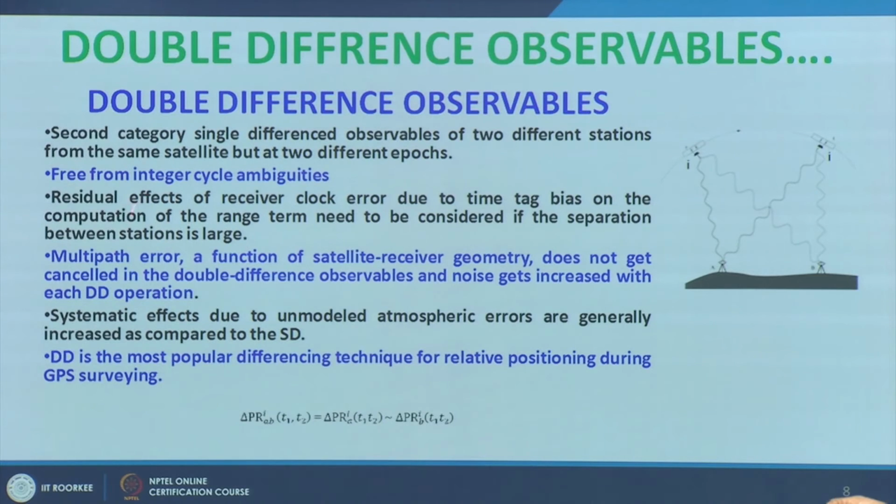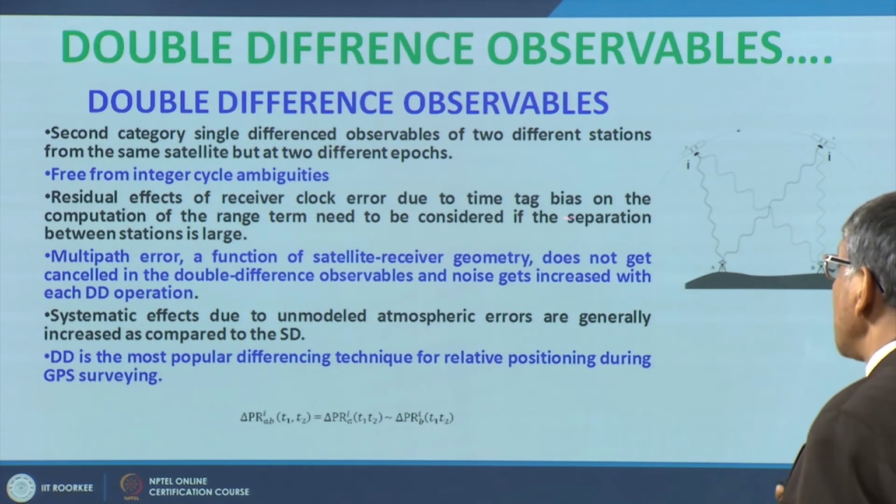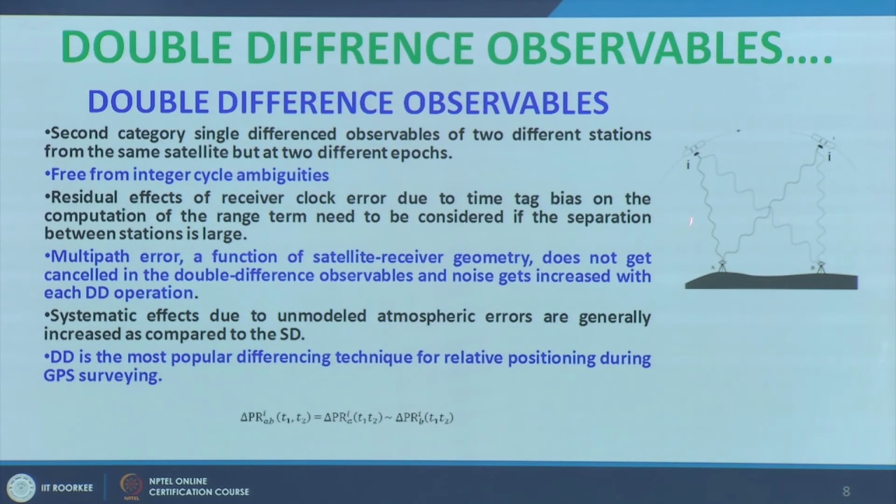The residual effects of receiver clock error due to time tag bias on the computation of the range term need to be considered if the separation between the stations is large. Now if the separation is large, then we have to be a bit cautious about doing this.